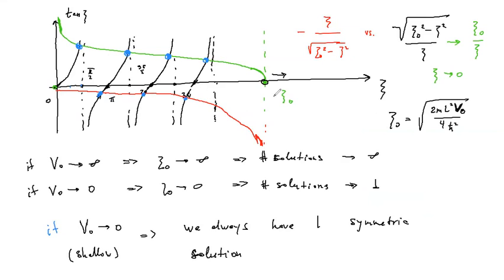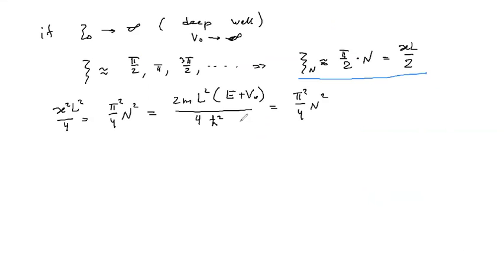In the limit, when you have a very deep square well potential, my goal is to find energy. I can cancel 4, and that's it. I can't do more than this.